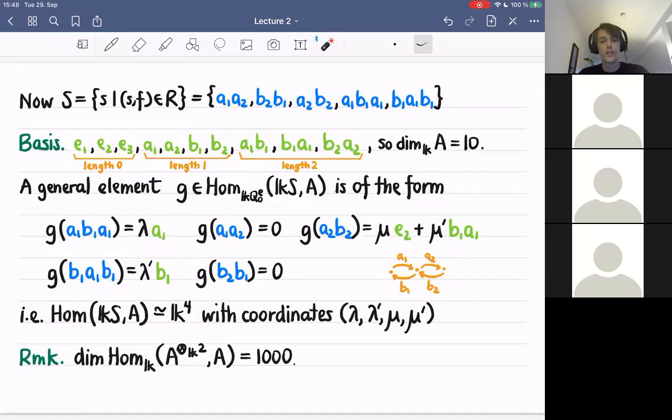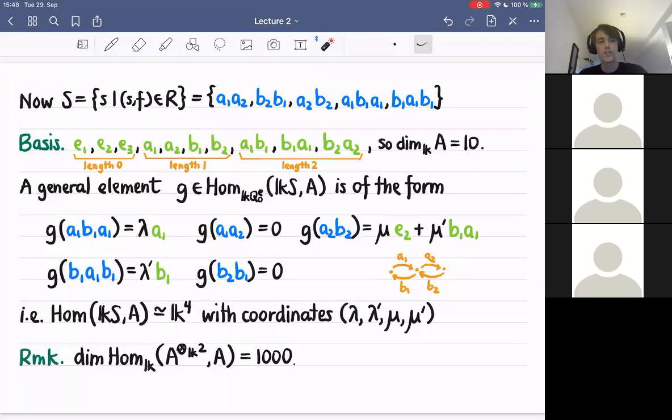And so here you can see that if you try to use the approach of looking at all bilinear maps from A to A and then figuring out which of those are associative, you would have to look at Hom from A tensor A to A, which is 1000-dimensional in this case.